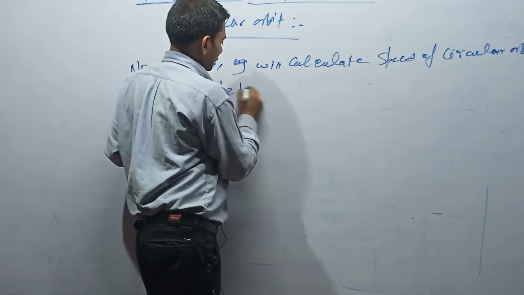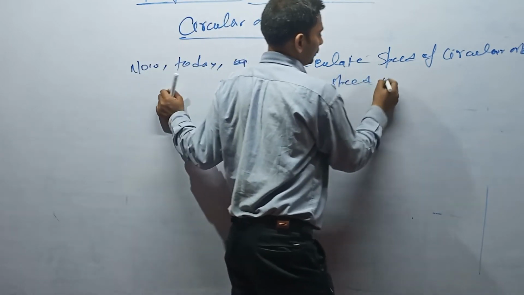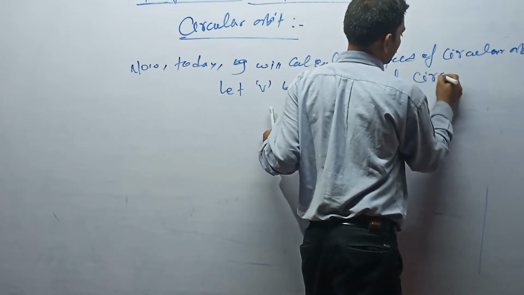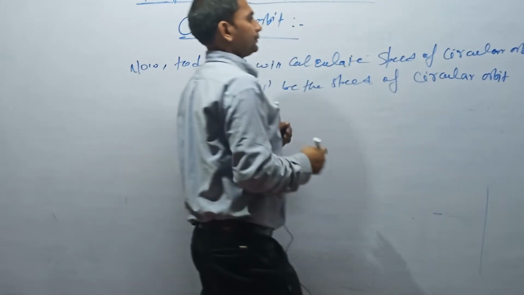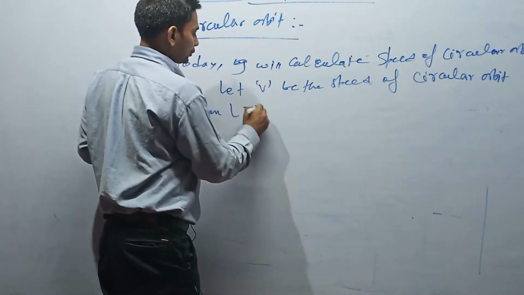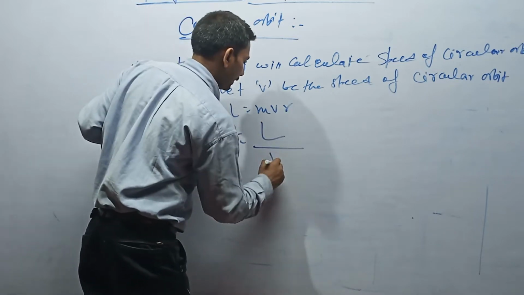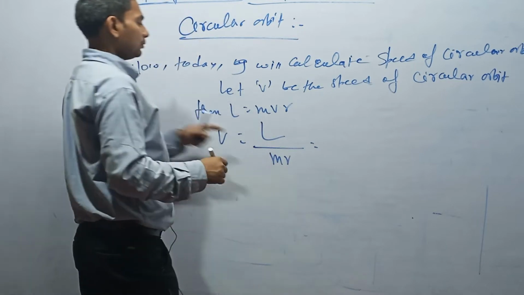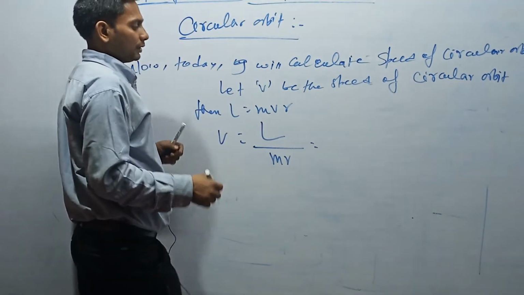Let v be the speed of the circular orbit, then L equals mvr, so v equals L upon mr. Now put the value of L. What is the value of L?